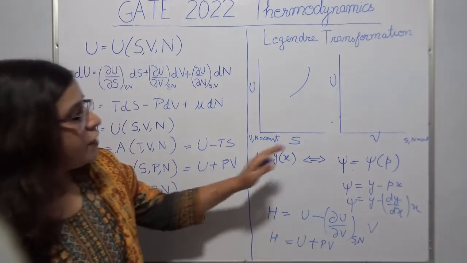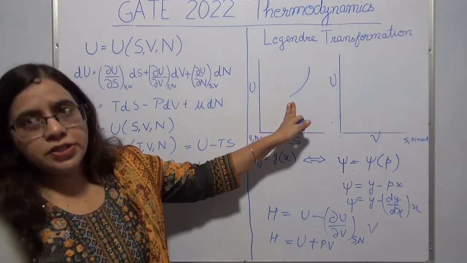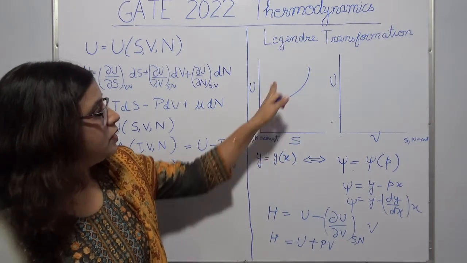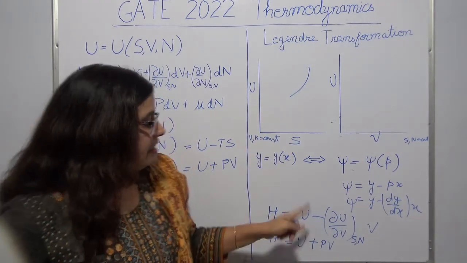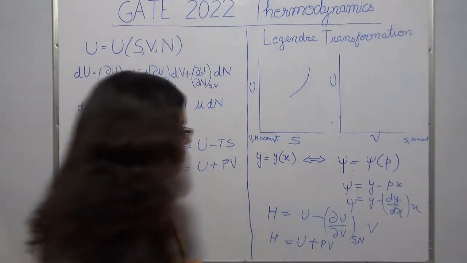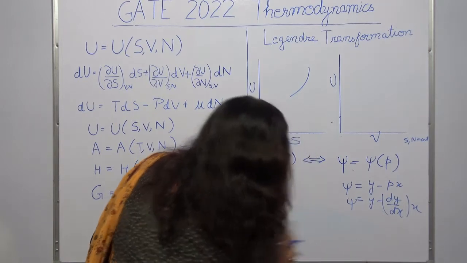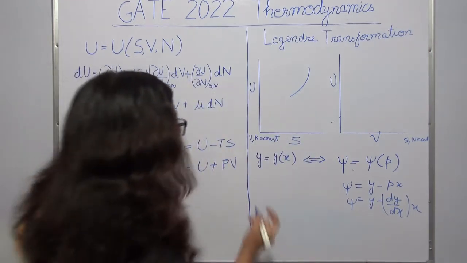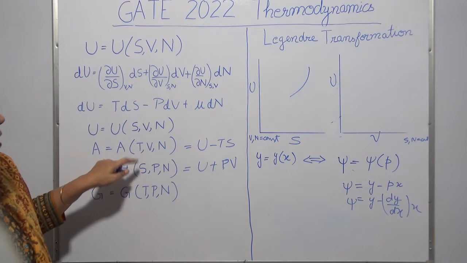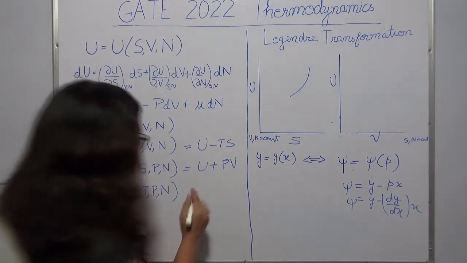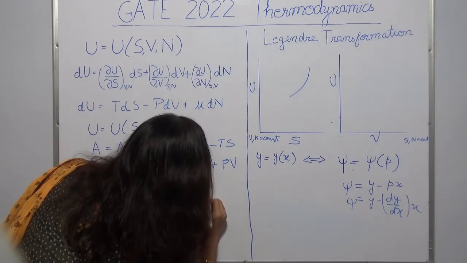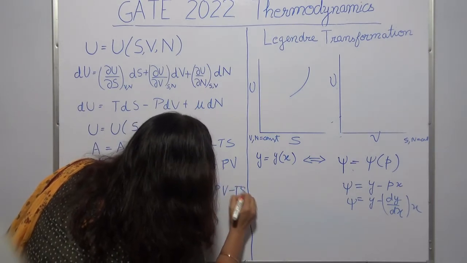Here I am doing a partial Legendre transformation. I am just doing the Legendre transformation with respect to one variable only. If I do Legendre transformation with respect to both the variables, then I come up with the function G, in which I have replaced S by T, V by P, and that comes out to be a combination of these two, U plus PV minus TS.